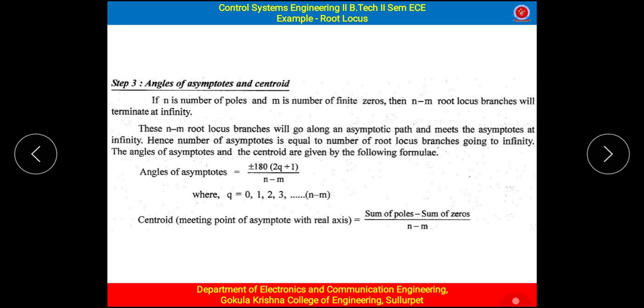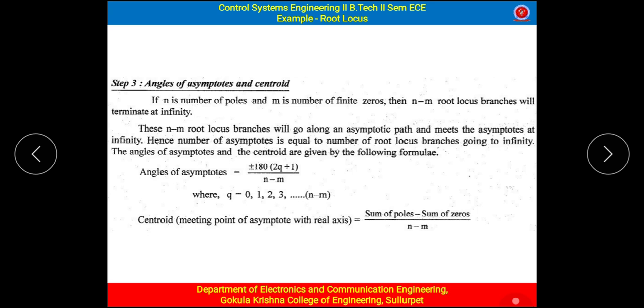For instance, if we have an equal number of zeros and poles, for example 3 poles and 3 zeros, then there will be 3 root locus branches. The first branch will start from the first pole and end at the first zero, similarly the second and third.